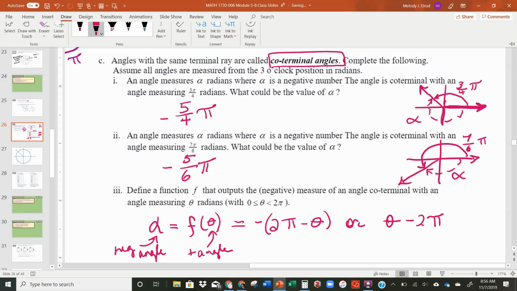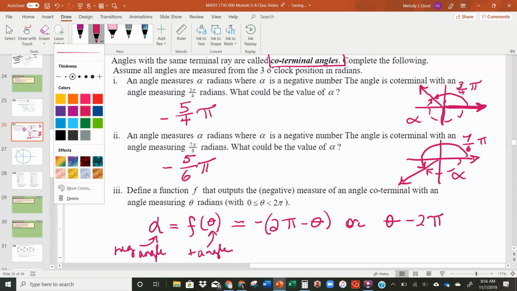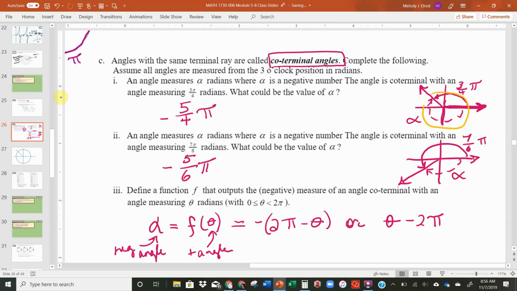If we were to rotate backwards 2 pi on either one of these angles, we would arrive back at the same place, because every time we make a 2 pi rotation, we end up right back where we started, as we know that a full rotation is 2 pi. So that works out.